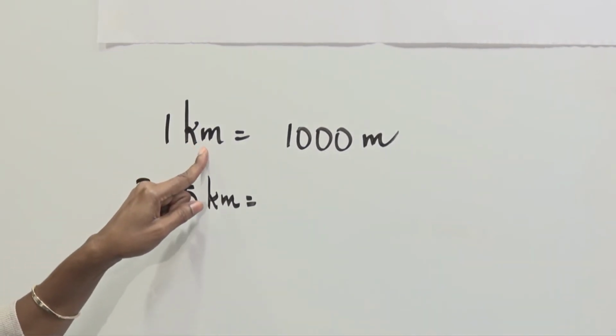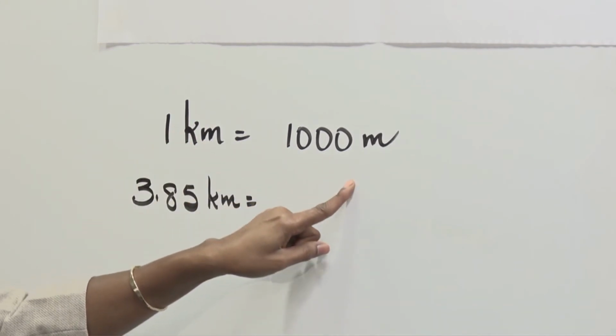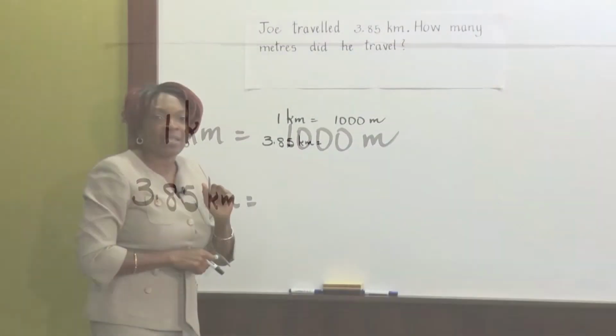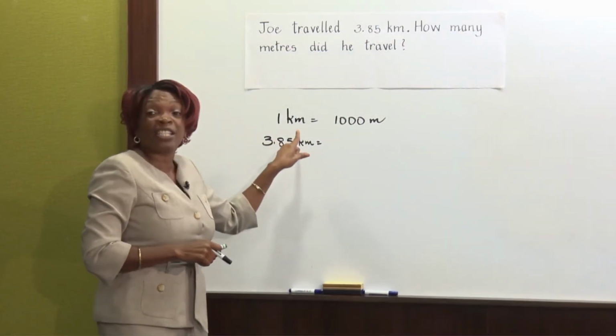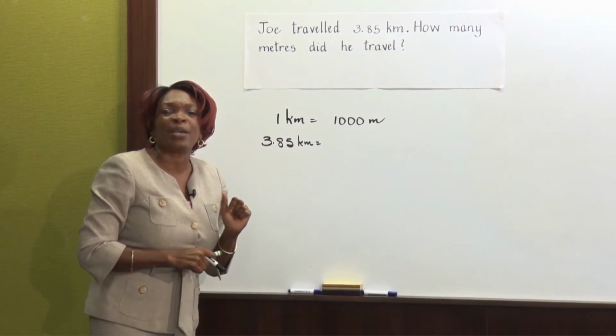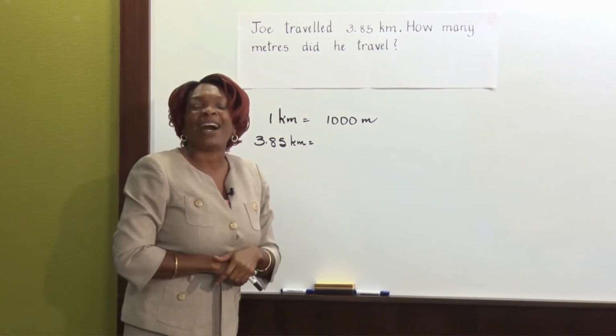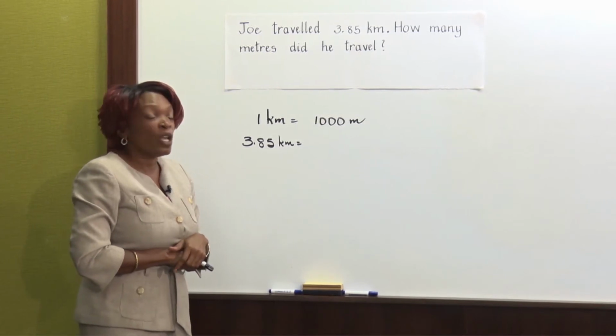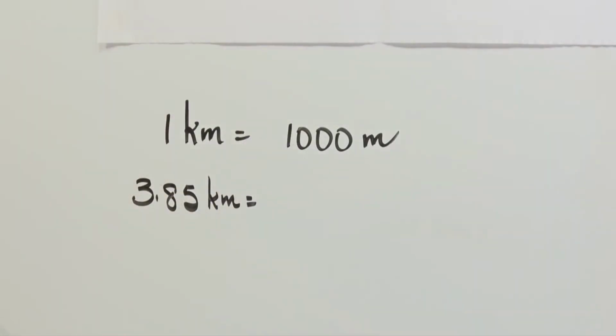Is this a larger unit to a smaller unit, or is it a smaller unit to a larger unit? You are right. We are changing from a larger unit to a smaller unit. So what must we do? We multiply. Excellent. So we're going to multiply to get the number of meters in 3.85 kilometers.